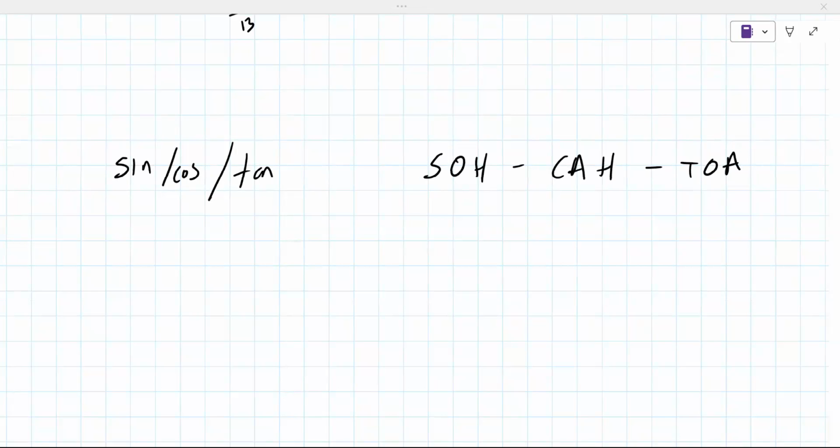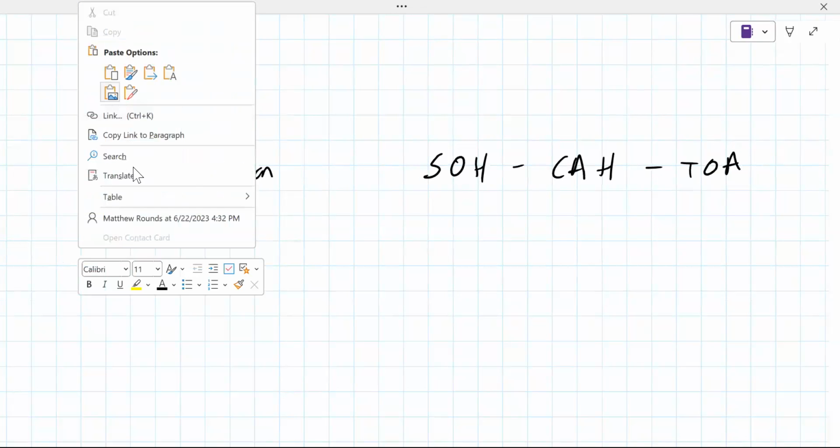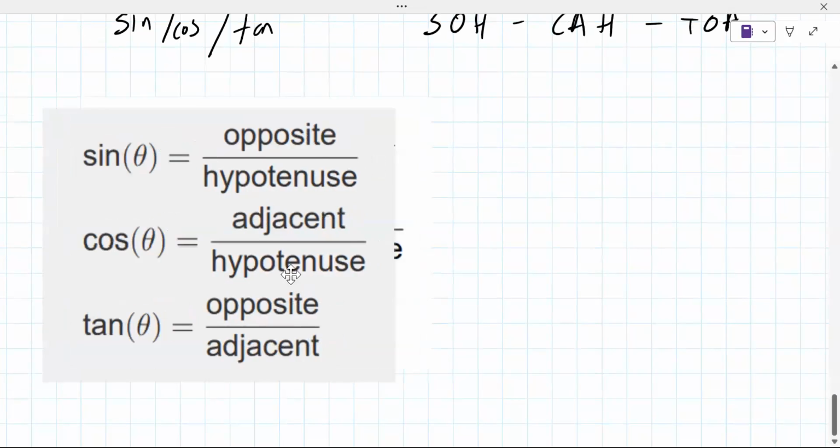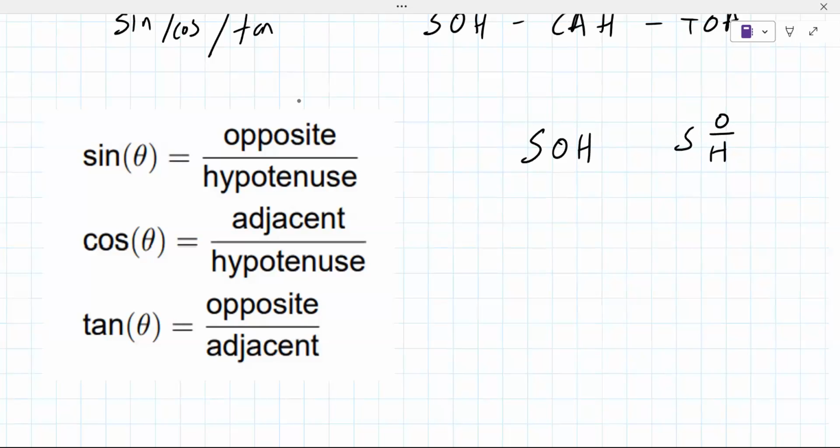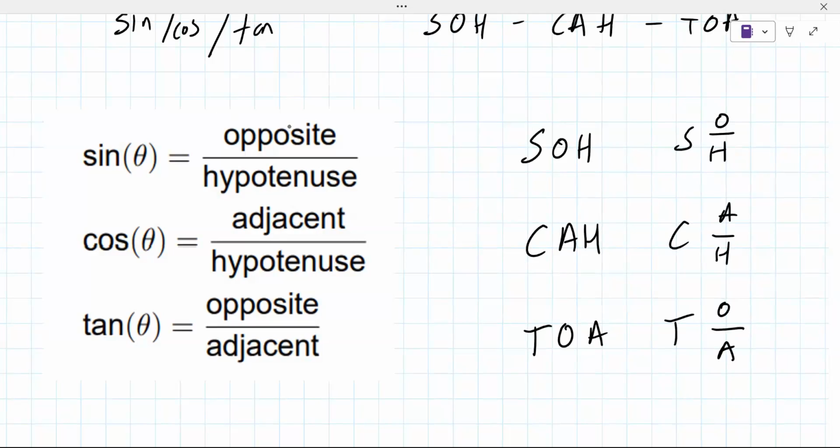Here is what sine, cosine, and tangent refer to. I like to write it this way: SOH, because the O means opposite over H, hypotenuse. CAH is cosine, adjacent over hypotenuse. TOA is tangent, opposite over adjacent.